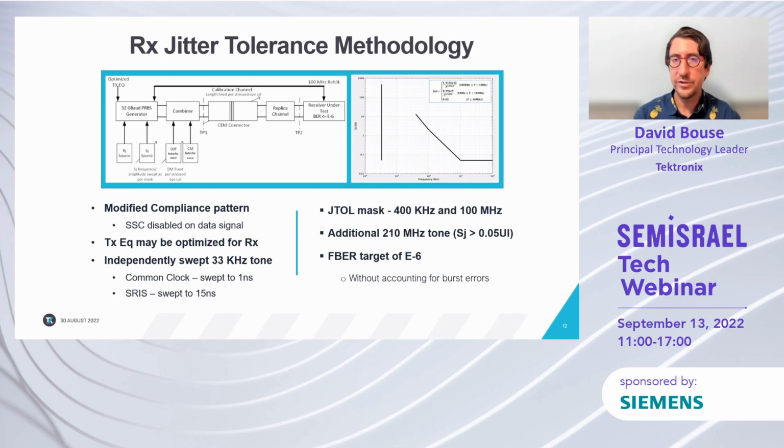And then we have an additional tone that we introduce of 210 megahertz if our final SJ calibration value was greater than nominal or 0.05 UI. And then we're testing at a FBER target of E to the minus 6. That's the first BER is what that stands for, without accounting for burst errors.